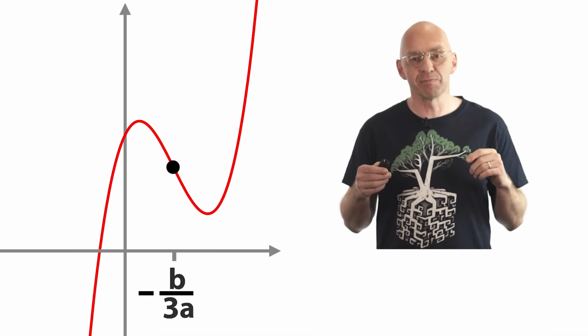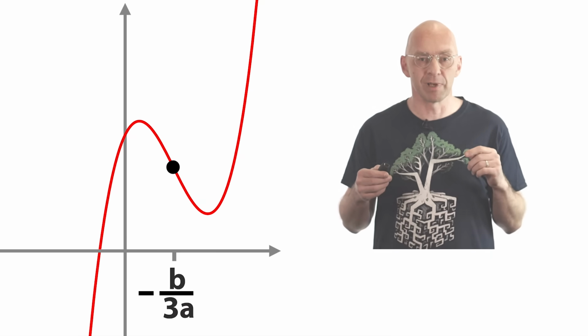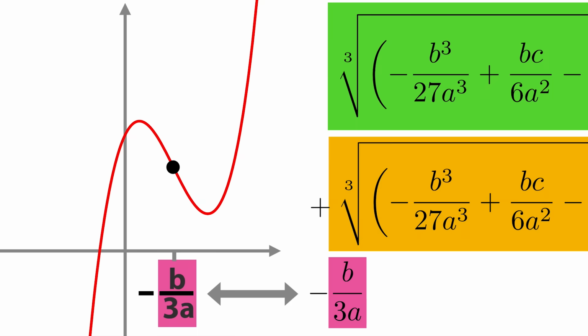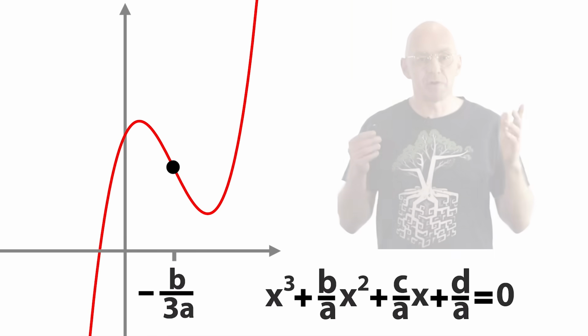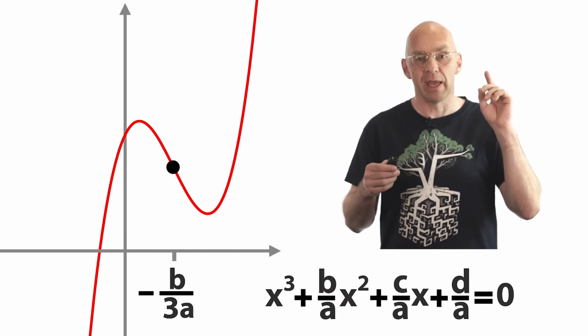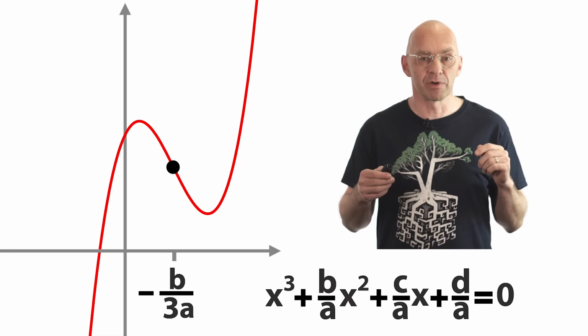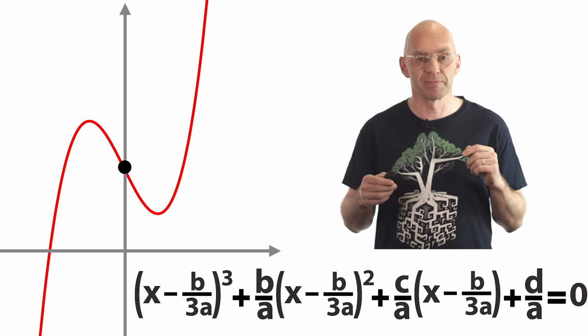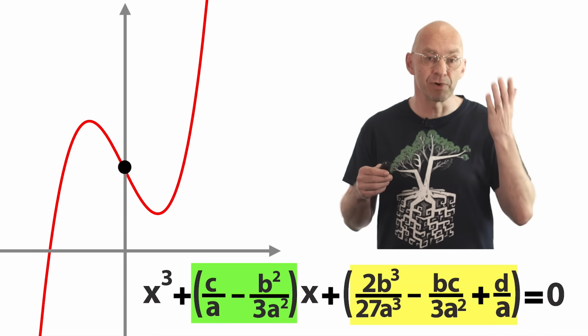This fraction minus b over 3a actually appears in the original monster cubic formula I showed you. Let me show it to you. There, that's the shift again. Now replace x by x minus b over 3a and let the algebra autopilot perform our shift. That finishes the pre-processing.